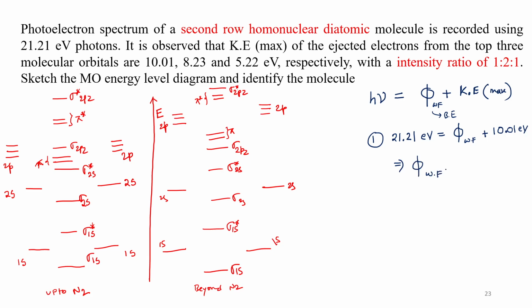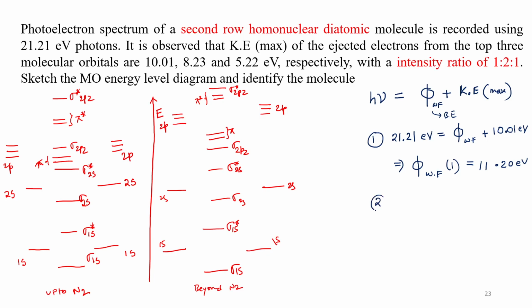The kinetic energy would be high if your MO is located higher, so it will have a lesser binding energy, and the excess energy would be kinetic energy. So the kinetic energy would be higher for the topmost molecular orbital. For this it is something around 0.20 eV, and it is 11.